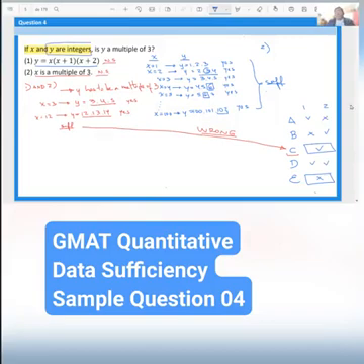So we know nothing about y to say for sure that y is a multiple of 3 or not. So statement 2 alone is not sufficient. But now the correct answer choice would be option A. This is the right answer choice after the correct analysis.